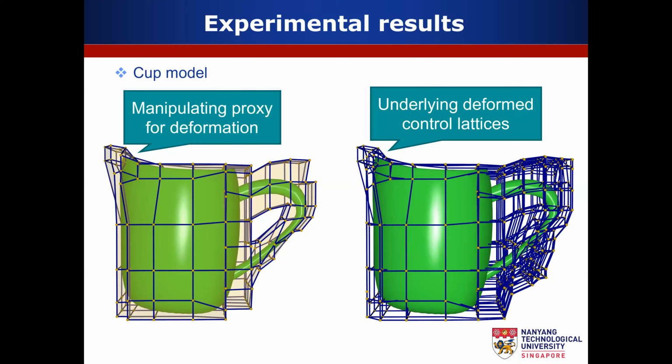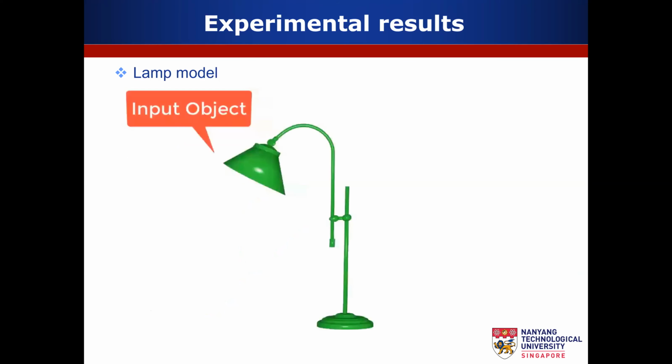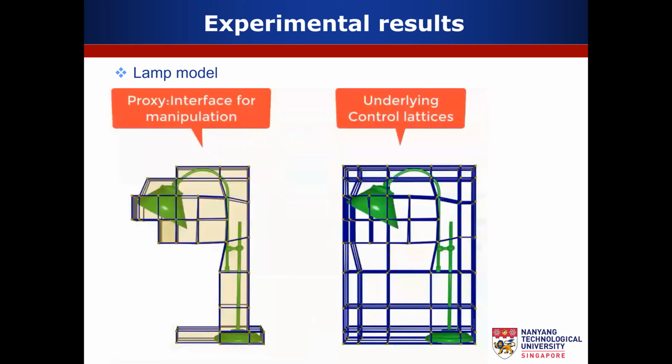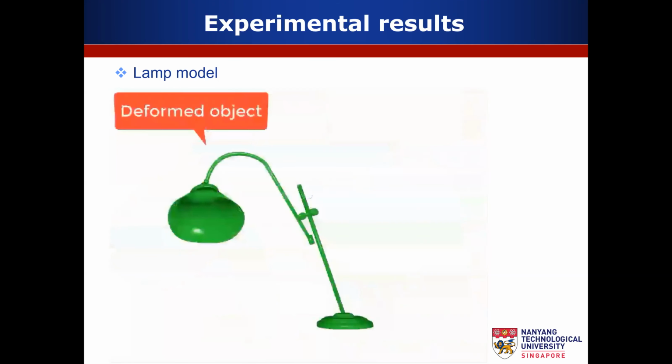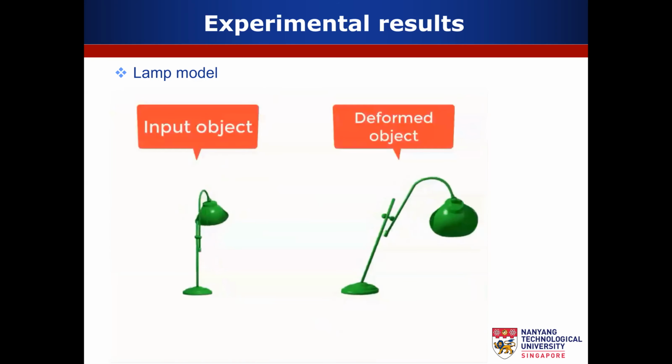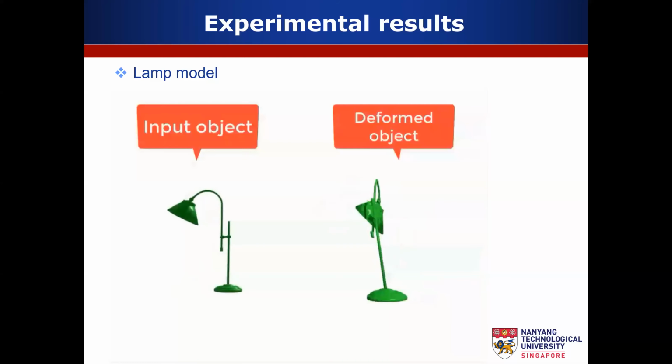During the process, the connectivity of the control lattice topology could be changed. Both geometric and topological editing are applied to the proxy. So more examples are here. It can be seen that with the proxy and the local refinement, various deformation processes can be easily and flexibly done.